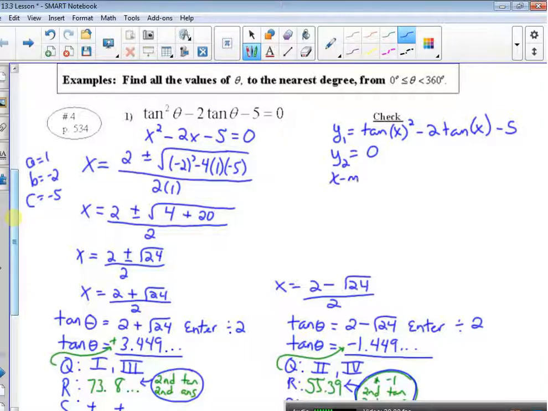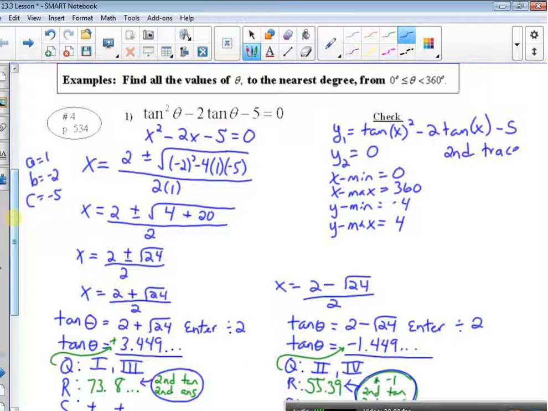I'm going to set my x min to 0, the x max to 360. The y min and y max I'm hoping will just stay at negative 4 and 4, because I'm just looking where it hits the x-axis, and then I'm doing second trace intersect. And hopefully I'll get these same values.